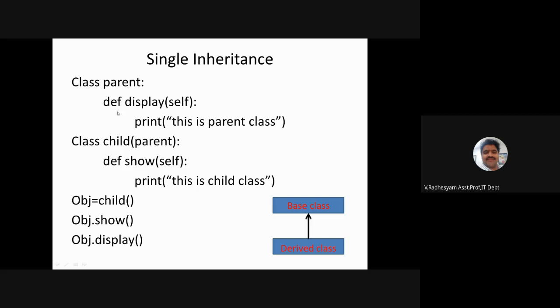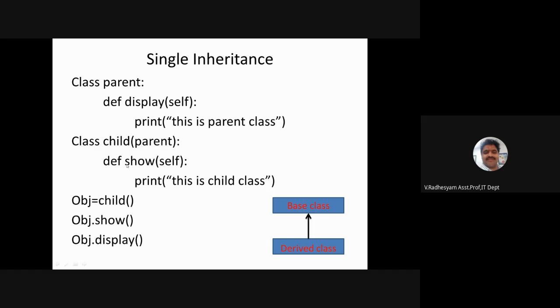That relationship is called an inheritance relationship. First one is a parent class, next is a child class. After the child class, the bracket starts and closes, and inside that you need to mention who the parent is for this child class. Parent is the parent for this child class.